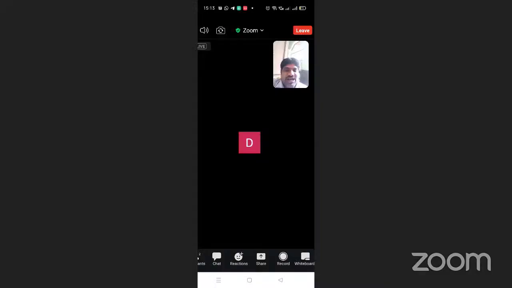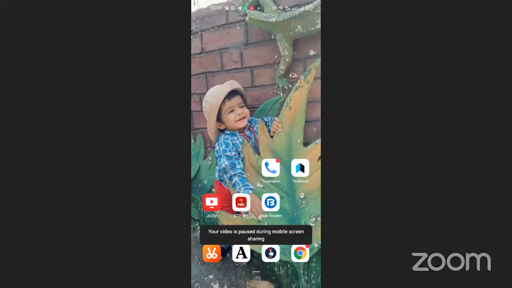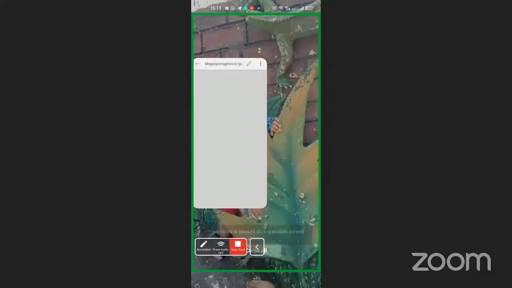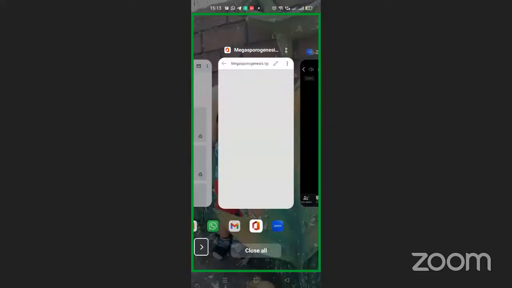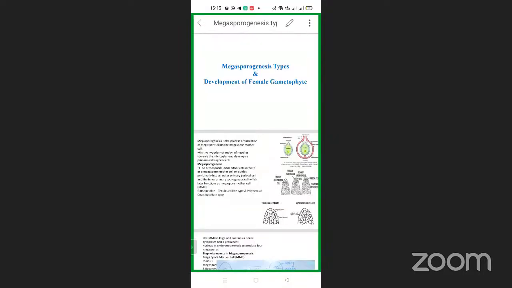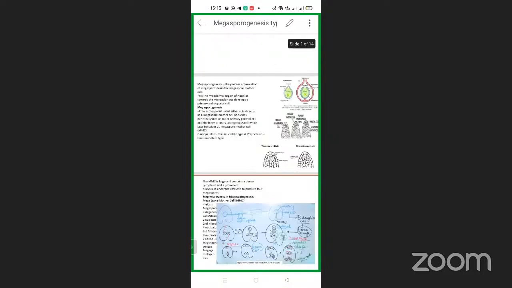Based upon that, these are the types of megasporogenesis that we will discuss. Here you can see the megasporogenesis, how the embryo sac types and megaspore types are formed in the ovular structure.